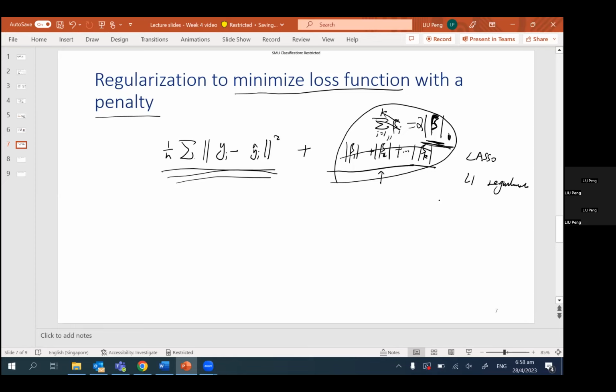It's using the L1 norm, and it can lead to a sparse solution. So what do we mean by sparse solution? Some of these betas, for example beta 2, will be 0. Because of this form, the result of the whole model is that some of these betas will be 0. So then we have a sparse solution.